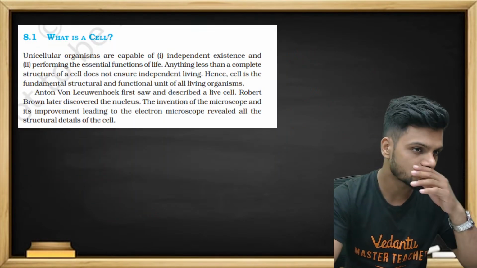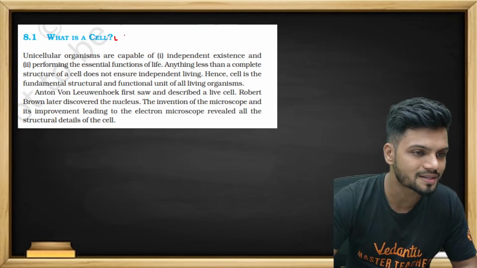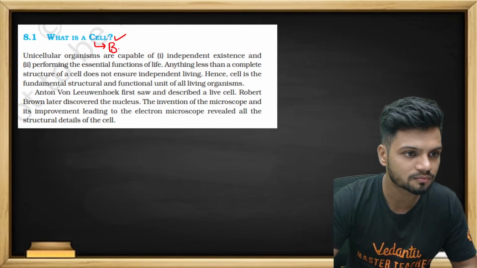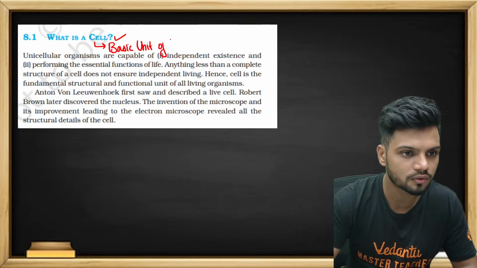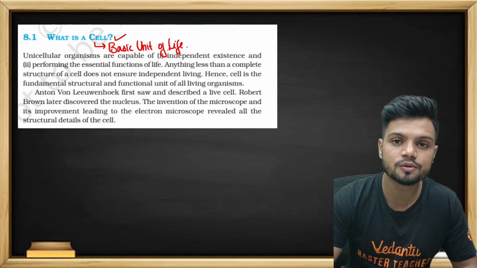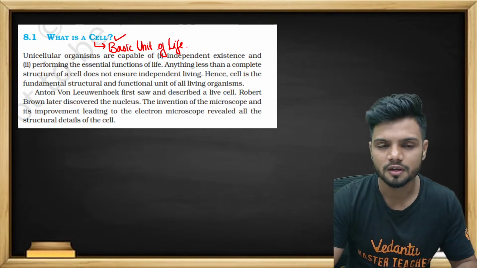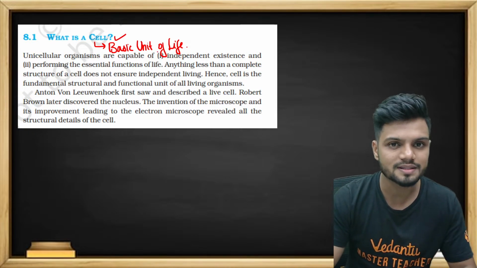Next paragraph. Now, next thing you need to understand, what is a cell? All of you will tell me, sir, cell is the basic unit of life. Or you will also say, sir, cell is the fundamental unit of life. Both are correct. But let's read what NCERT says.